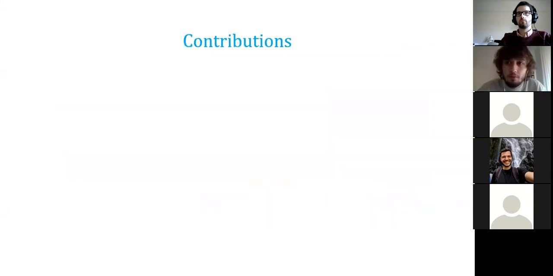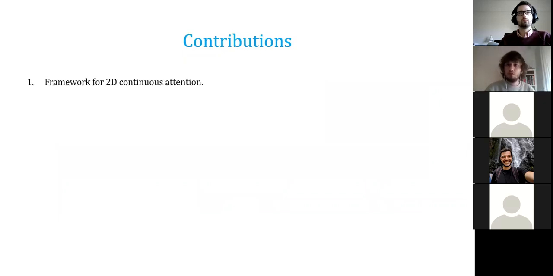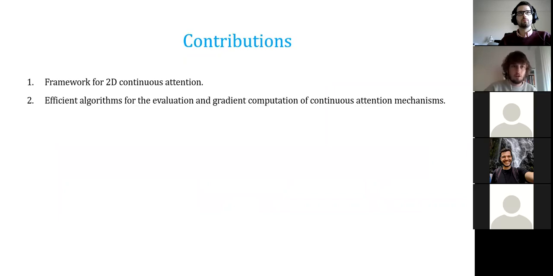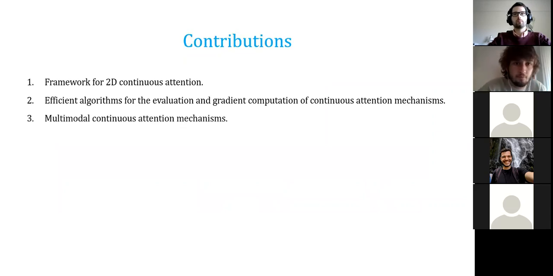So to sum up our main contributions, we propose a framework to use continuous attention in images. And in this framework, an essential part is to have efficient algorithms to compute both the output and the Jacobian of our transformations. We focus on 2D continuous alpha-max attention mechanisms for the case where alpha is equal to 1 and to 2, but this will become clear further on.